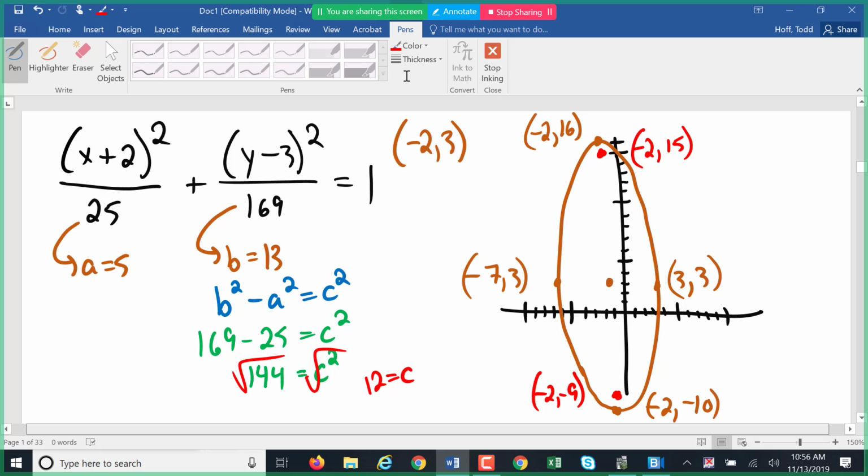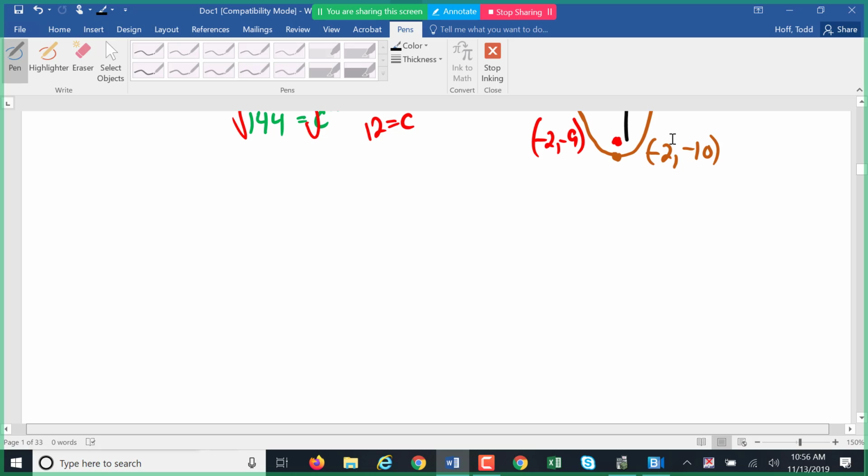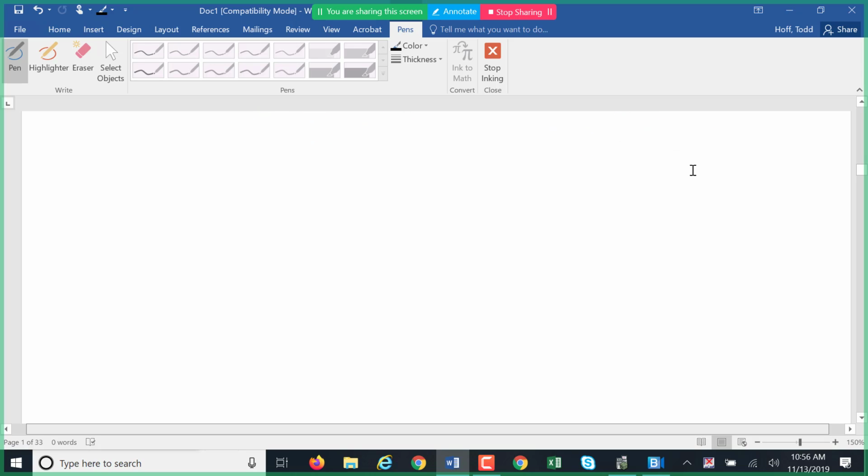Now, not all of our equations for ellipses are given in such a nice, neat little package. We might have something like this.